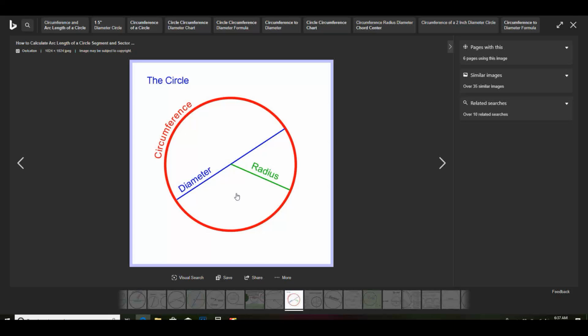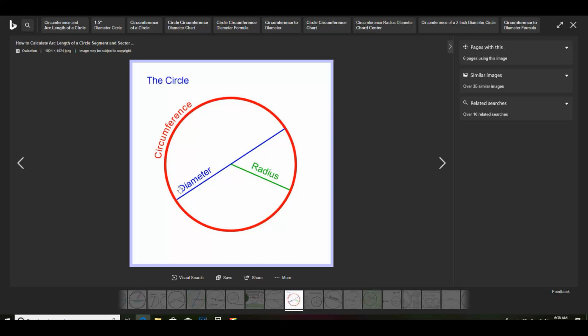You can use this to find the radius when you know the diameter, and the diameter when you know the radius. For example, if the diameter is 4 inches, the radius will be 2, because it's 4 divided by 2. Okay, so with those terms in your tool belt, let's learn how to find the perimeter, which is actually called the circumference. You don't find the perimeter of a circle, you find the circumference of it.